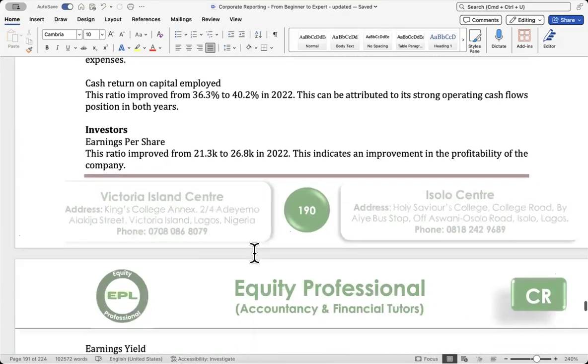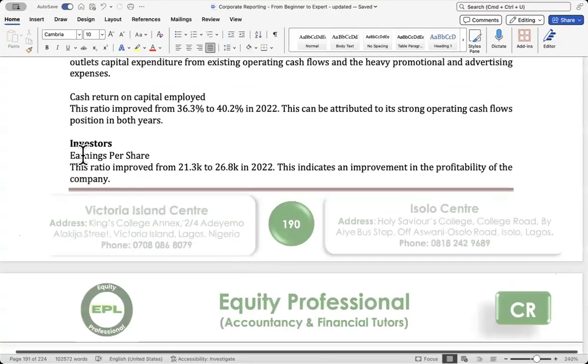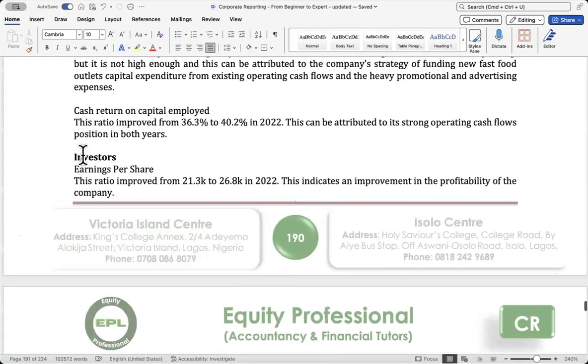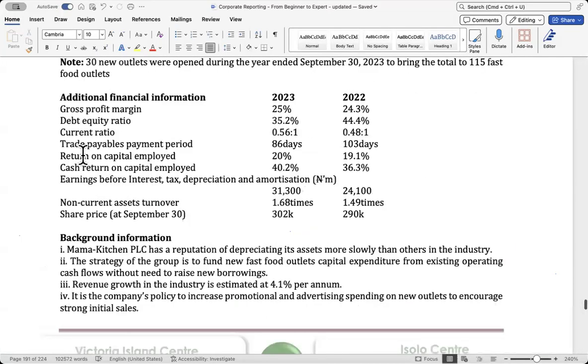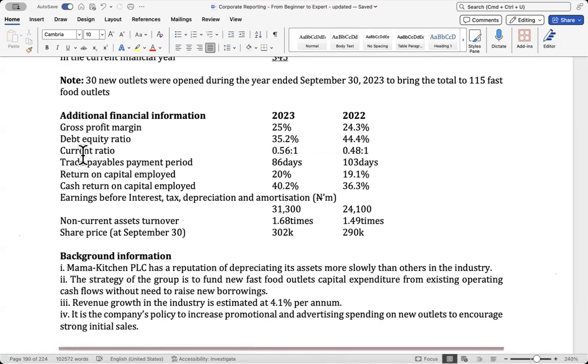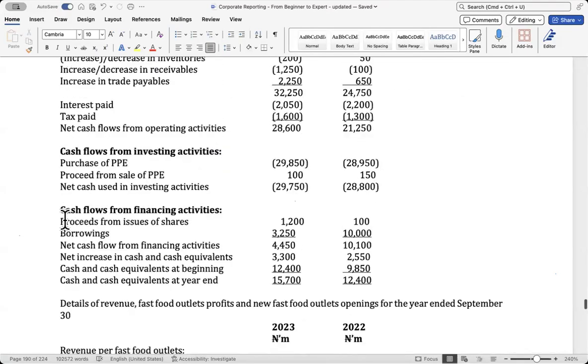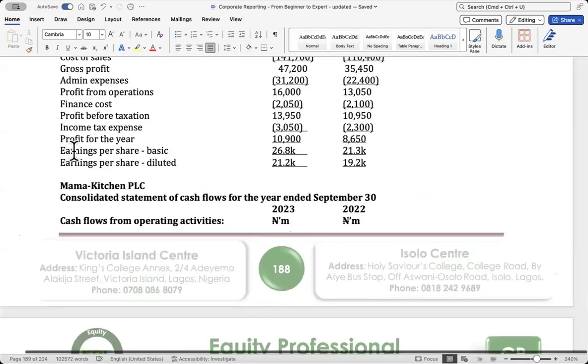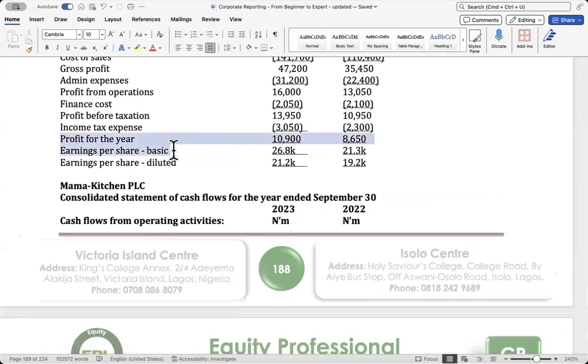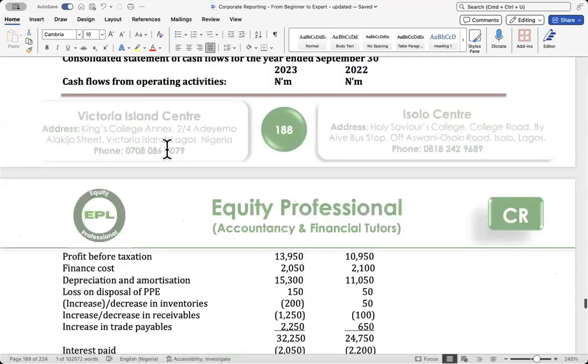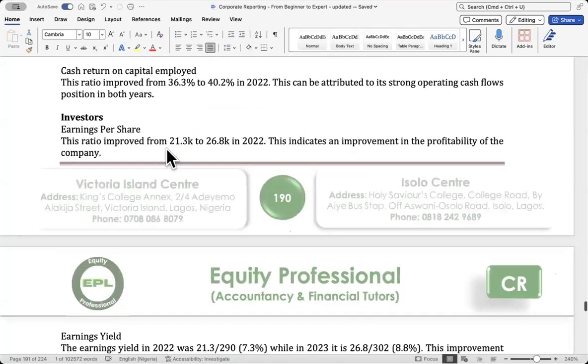Then I moved to investors ratios. The only investors ratio they gave us in the question was earnings per share. I used the basic earnings per share.